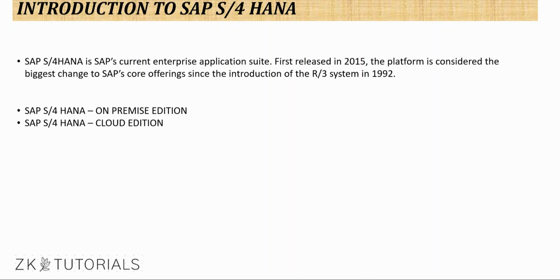Then we just saw SAP S4HANA, which is considered one of the biggest changes after 20 years, because 1992 is very far back, right? After that, there was a big change and offering in SAP, which is S4HANA. That is what you are going to learn now.